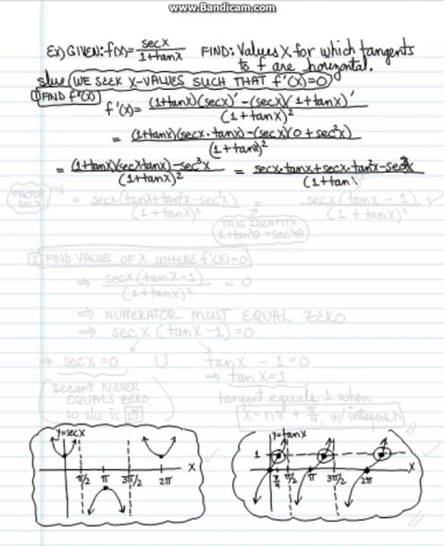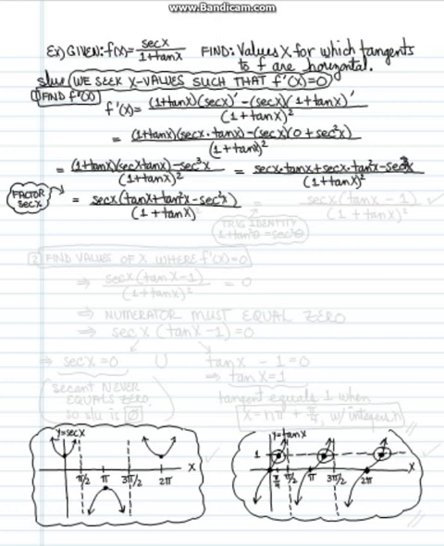Now we're going to factor out the secant in the numerator, just to clean it up. We've got secant in the numerator times tangent x plus tan squared x minus secant squared x, over the denominator 1 plus tan x squared.